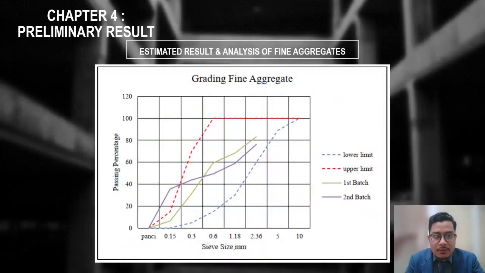This is the estimated result and analysis of fine aggregate. The first batch group, based on the result in the figure, employs a planetary ball milling machine with a speed of 280 revolutions per minute, and it is within the top and lower limit.